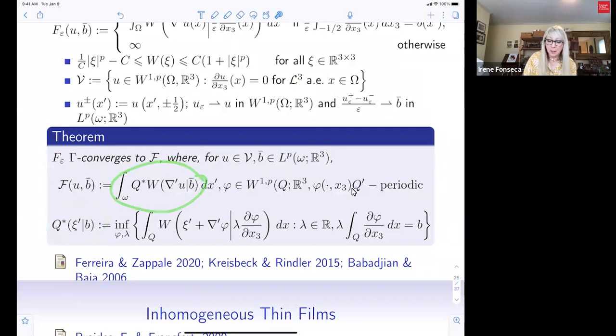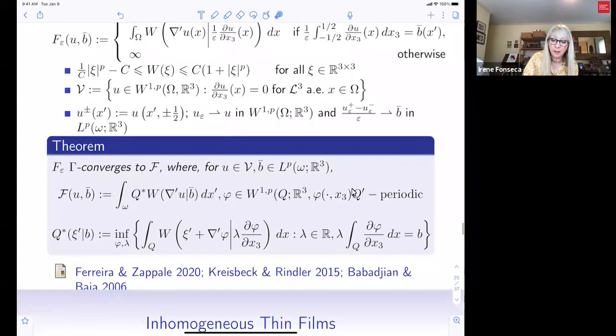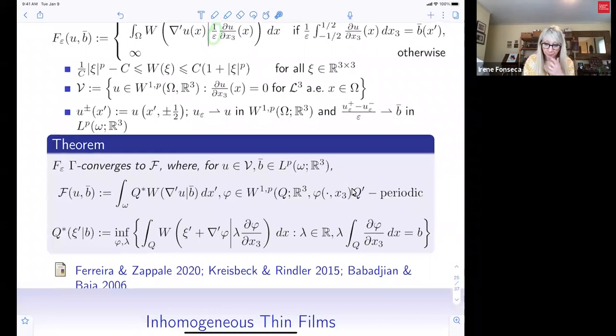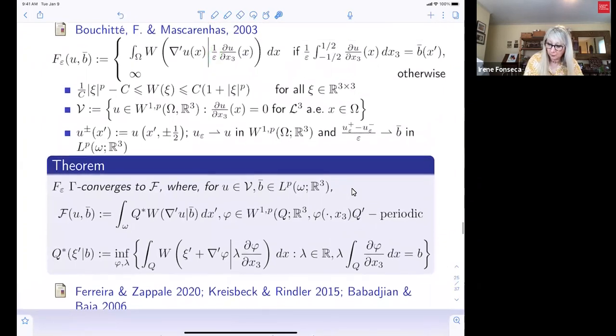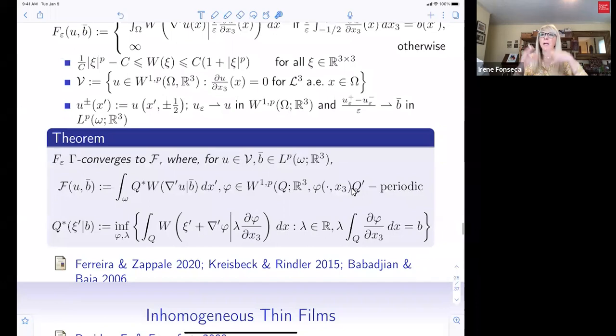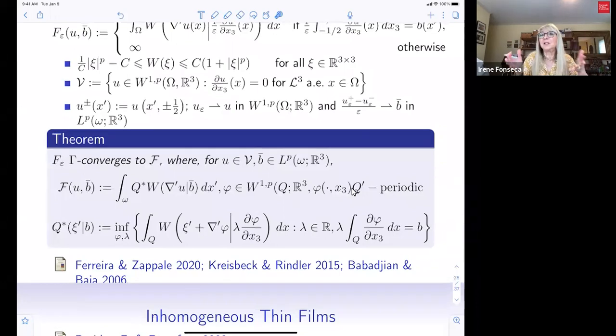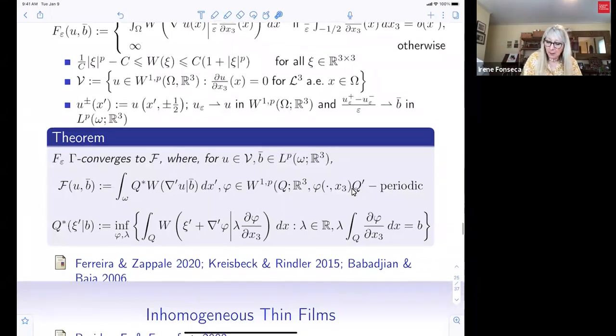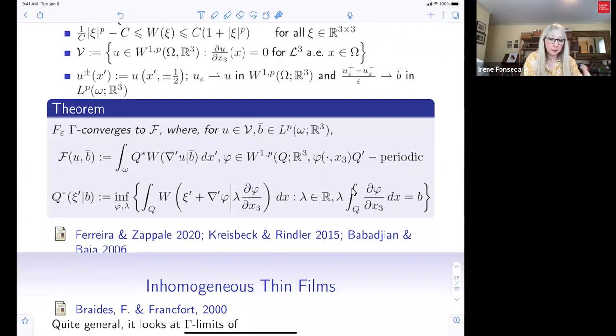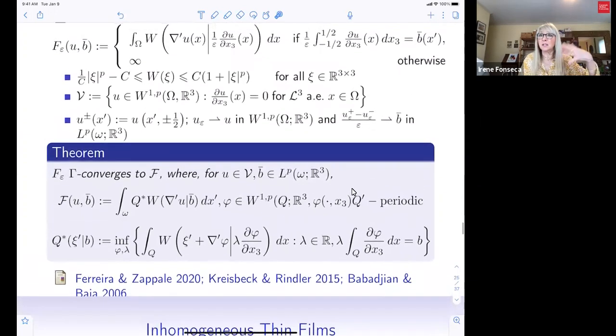This lambda just stands for the fact that you're going to have this 1 over epsilon playing in front of the derivative. So again, it's essentially explicit. And I don't expect you to remember all this, but I'm just giving you basically a menu of different versions of the same problem, and you layer on top of it other questions.